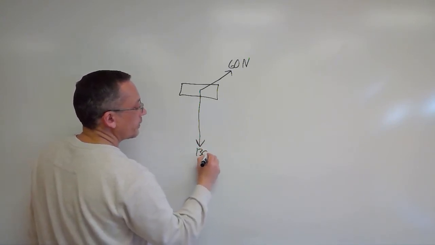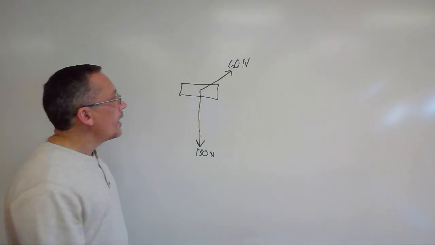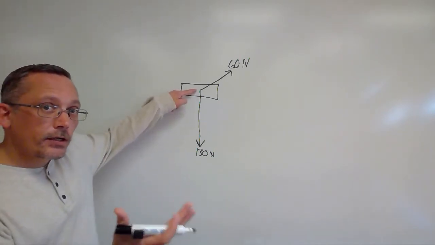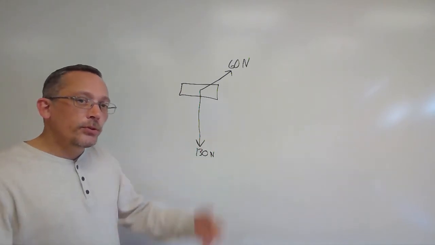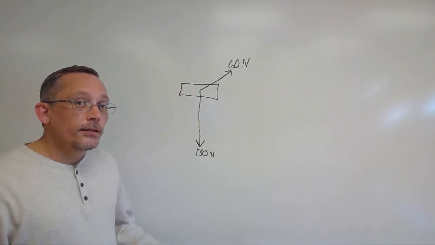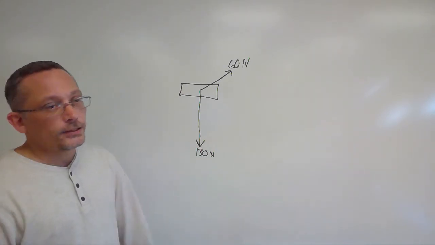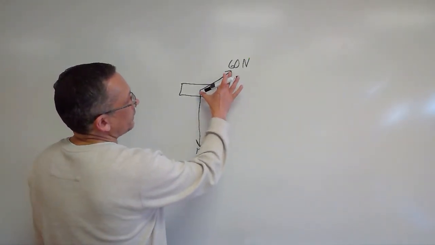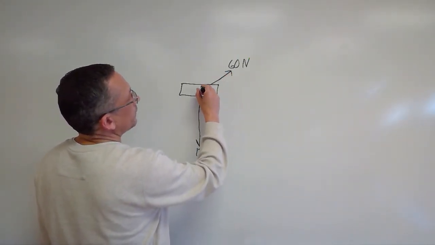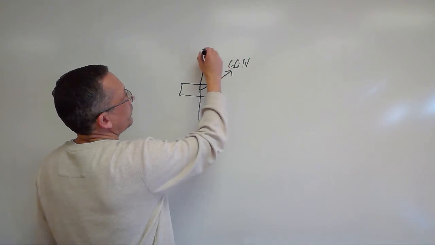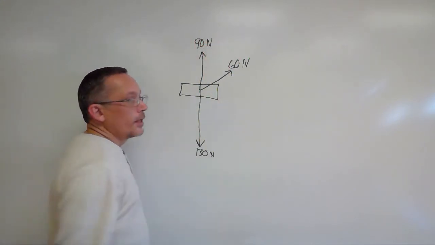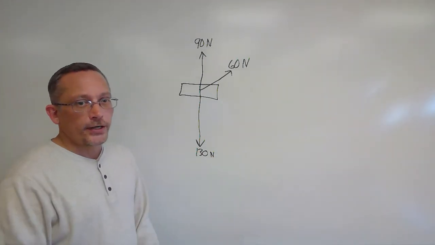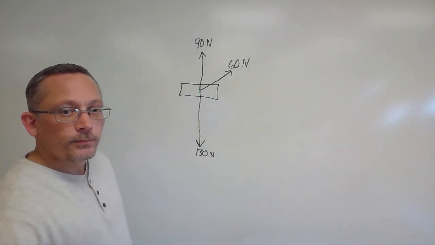That's 130 newtons. And notice my force vectors start from the center of the object there. Then the third force is the ground pushing back up on the sled, and it says that's 90 newtons. So 90 is going to be a little bit longer than this, so maybe something like that. 90 newtons. And there is my force diagram. Pretty simple.